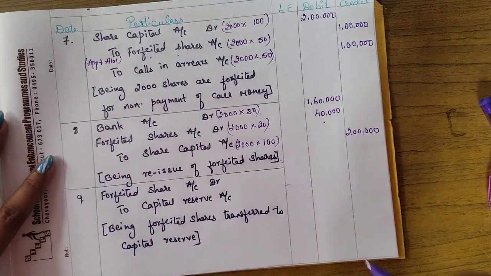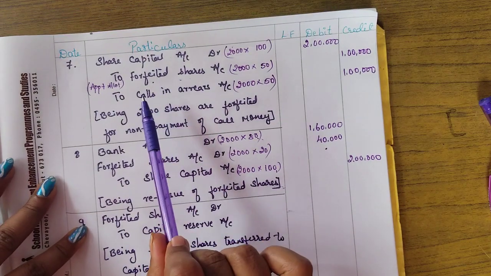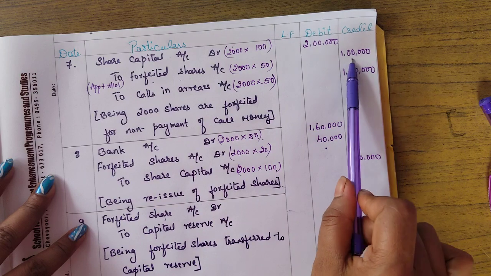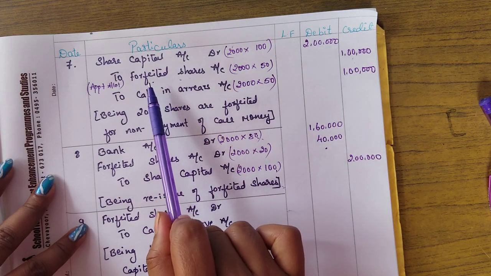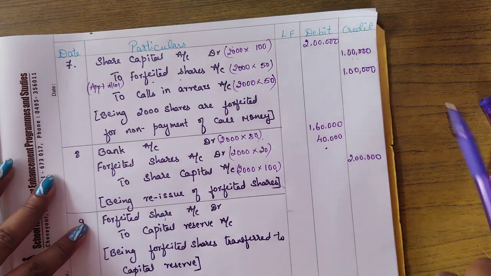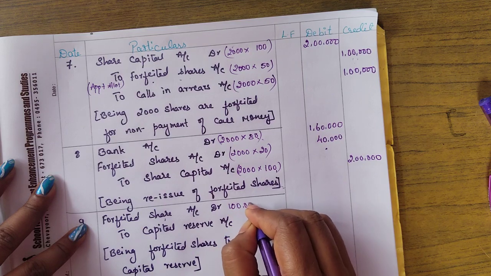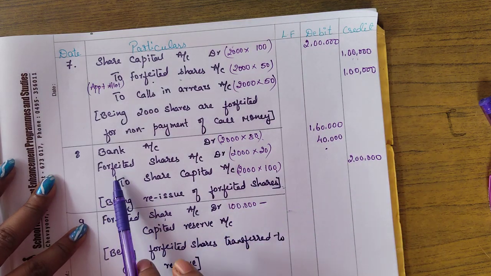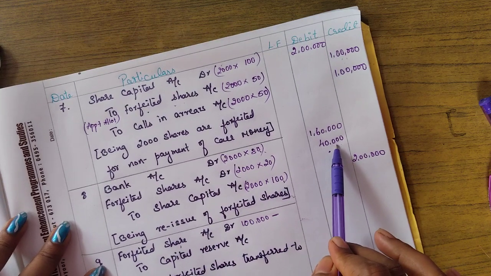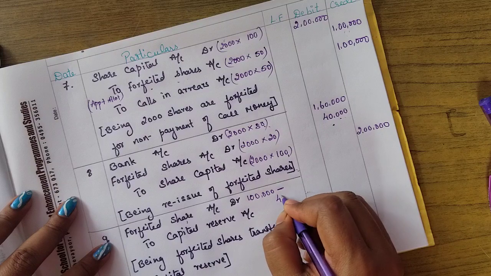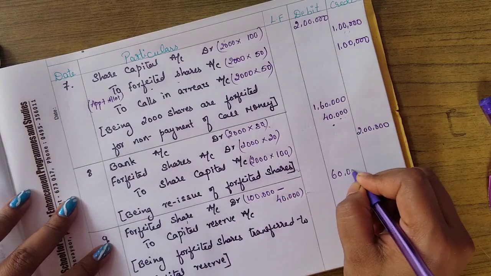So how do you calculate this one? First we need to take the forfeited value. The first entry of forfeited value amount is 1 lakh. The first entry is here, right? Once when we did the forfeited entry, the first amount that we are going to take is 1 lakh, minus, in the second entry again we have forfeited value here, 40,000. So 1 lakh minus 40,000, remaining is 60,000.